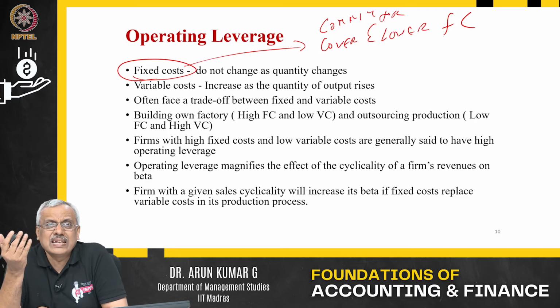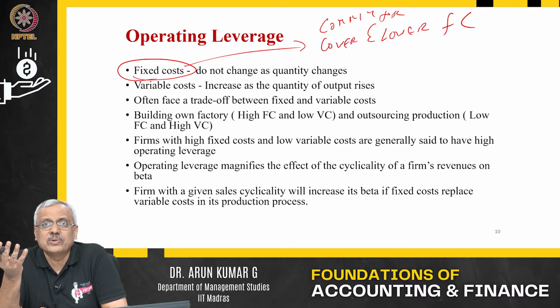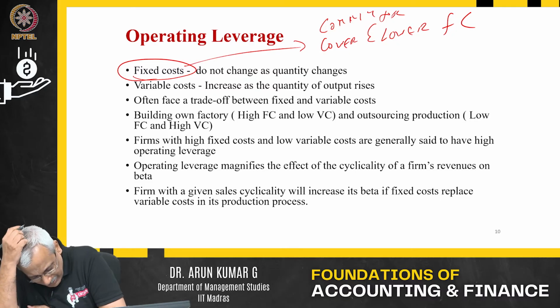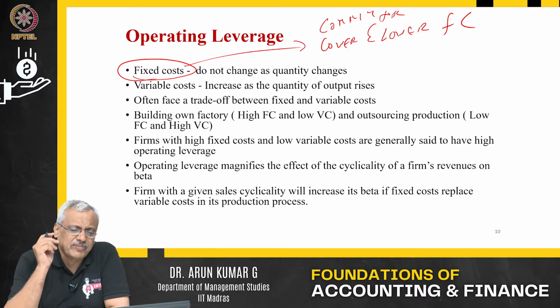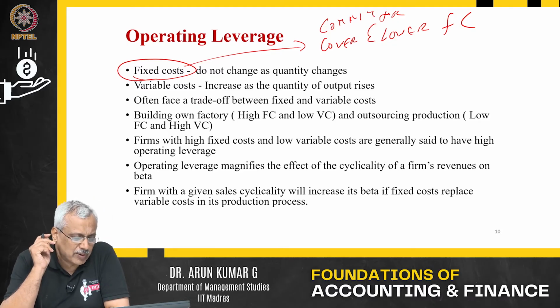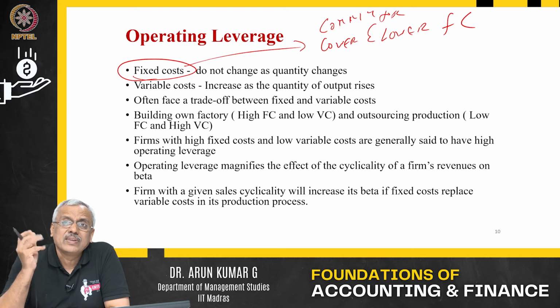Because even if there is a downturn in the business cycle, your impact is a little less. So normally companies opt for keeping the fixed cost as low as possible. For example, building your own factory, or outsourcing production, can all have lower fixed costs.